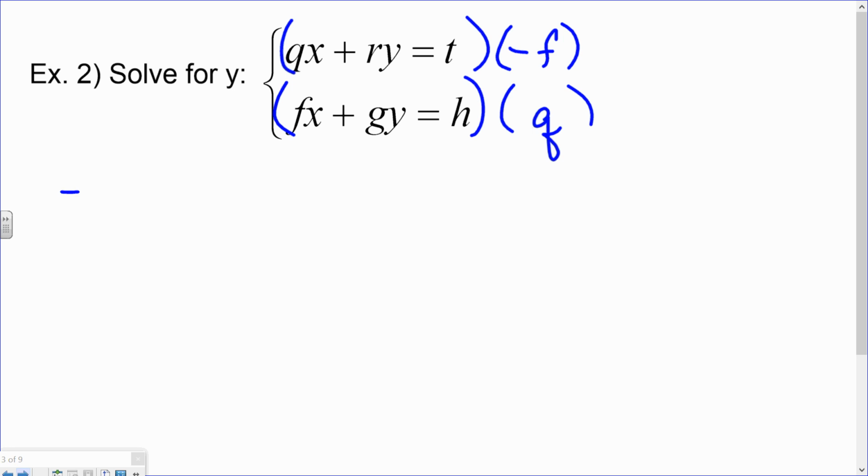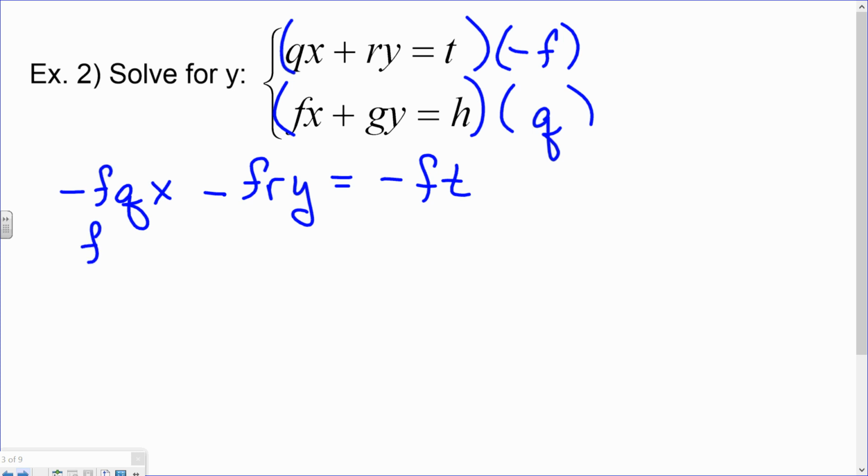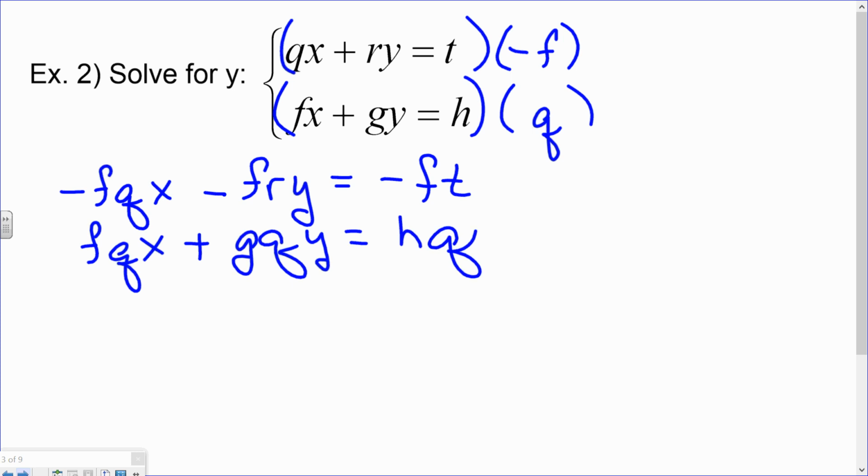That gives me minus FQX minus FRY equals minus FT. For the bottom one, I have plus FQX plus GQY equals HQ.